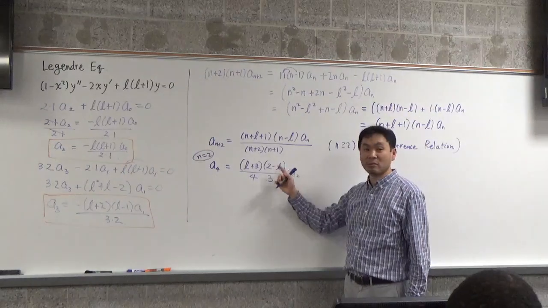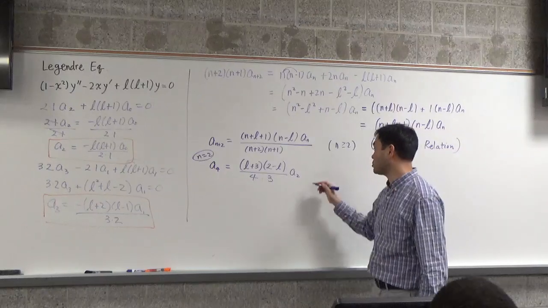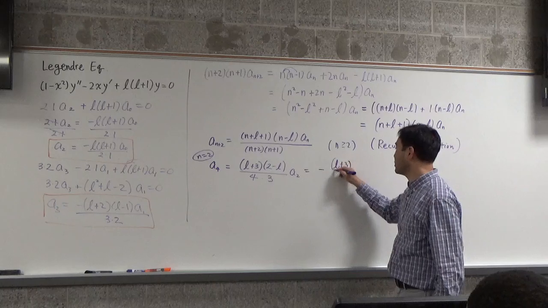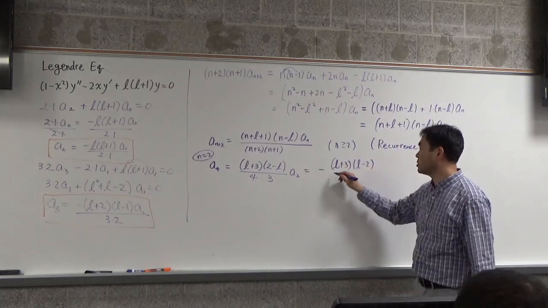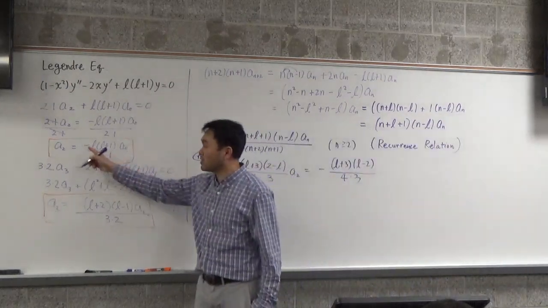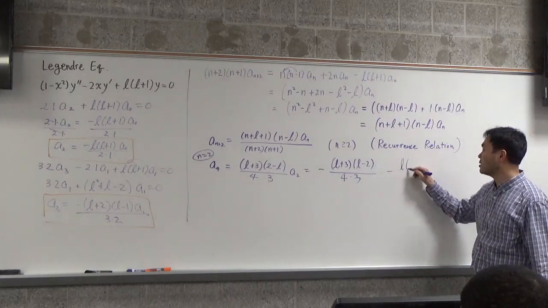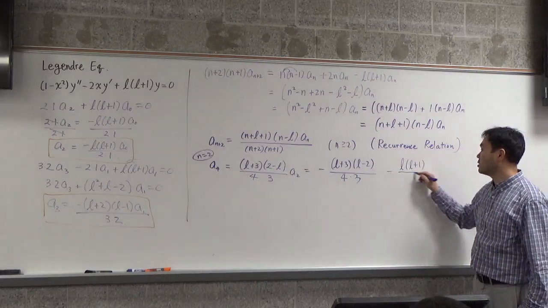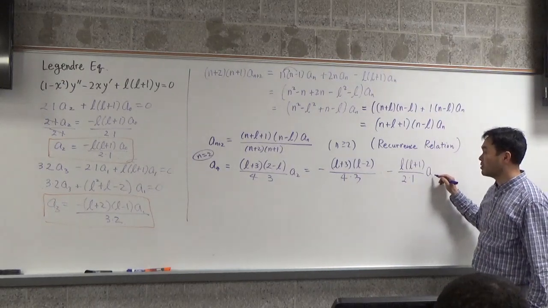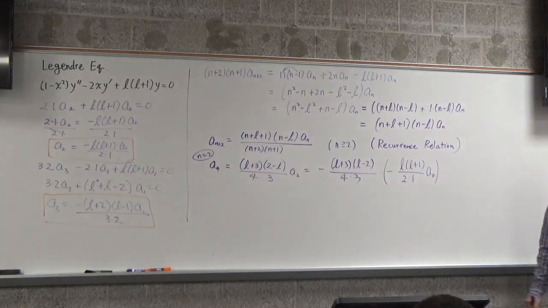I would like to have l minus 2. Can we do that? Pull a negative out, and then you get l minus 2. So you get negative l plus 3, l minus 2, over 4 times 3. And then we're going to put in a2. We're going to put that negative l plus 1 over 2 times 1 of a0. That this much is a2, right? We just found it there.